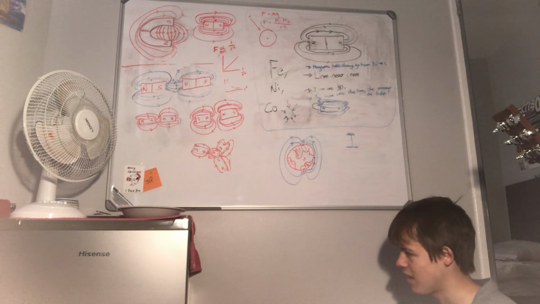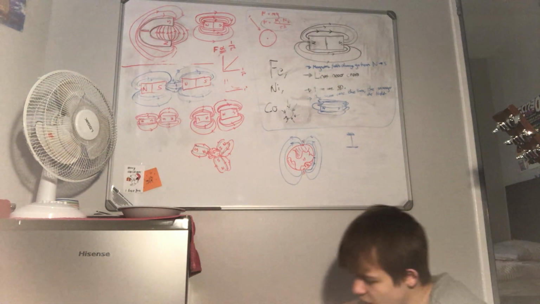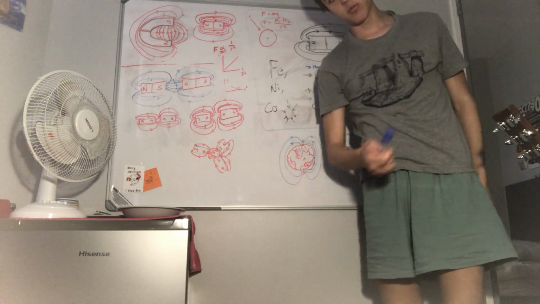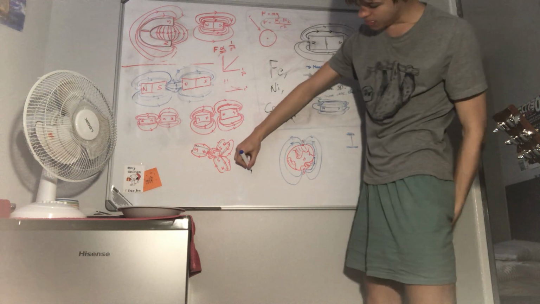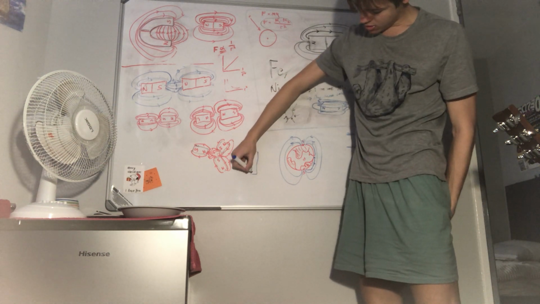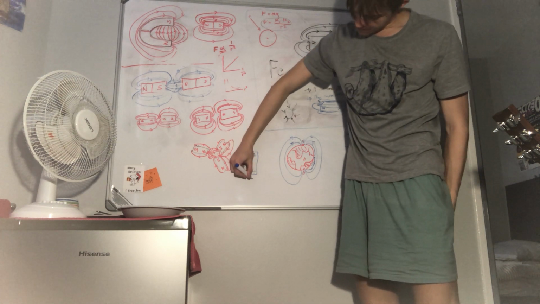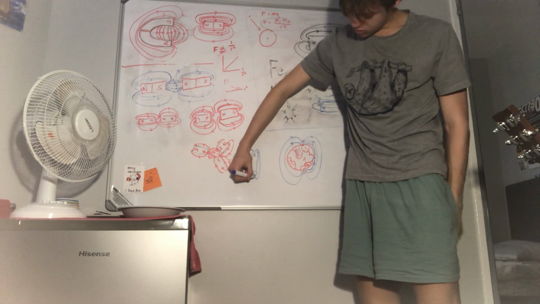Now, this is where it gets funky and confusing. Because you remember that I told you that magnetic fields always point from north to south. So if I have a magnet like this, it always points from north to south.